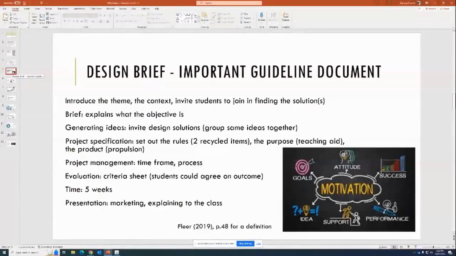But first, understand the problem, understand the requirements, develop an idea on a small scale, and then you're ready to make a prototype on the original small scale. All right?